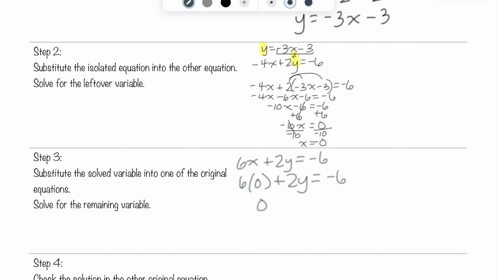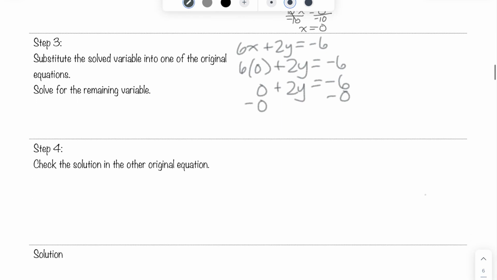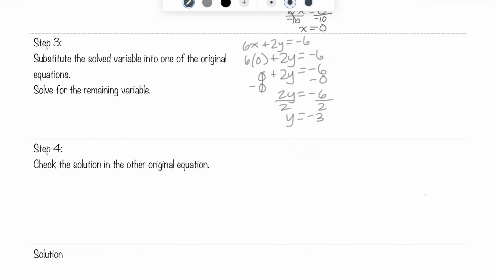So 6 times 0 is 0. Technically, I would subtract 0 from both sides. It's an unnecessary step here, but I'll show you all of the steps. I get 2y equals negative 6. Divide both sides by 2. I get y equals negative 3. So right now, I believe that my solution is 0, negative 3.